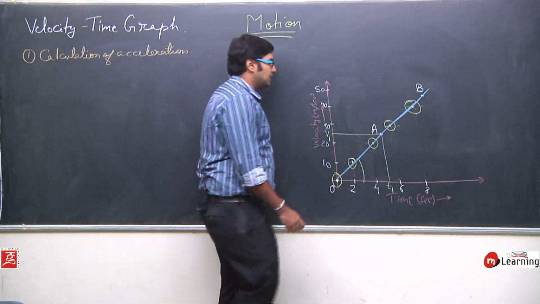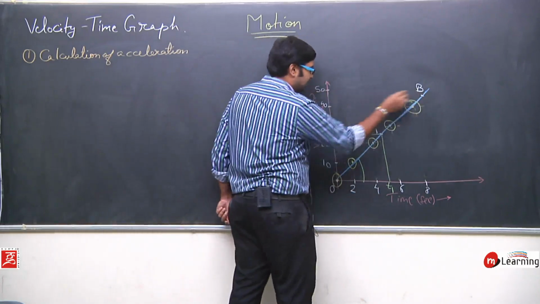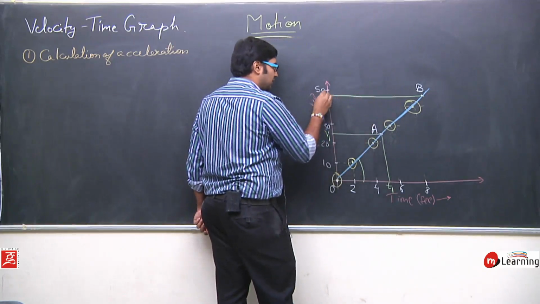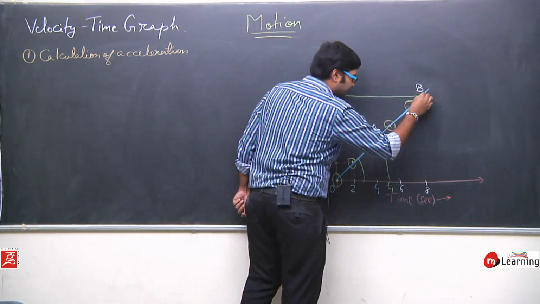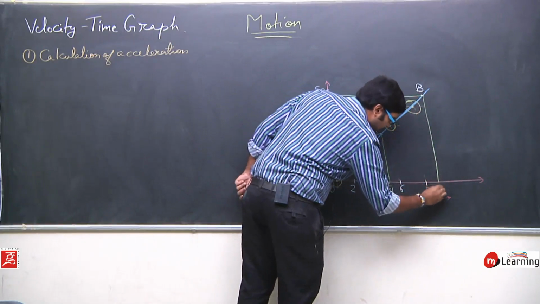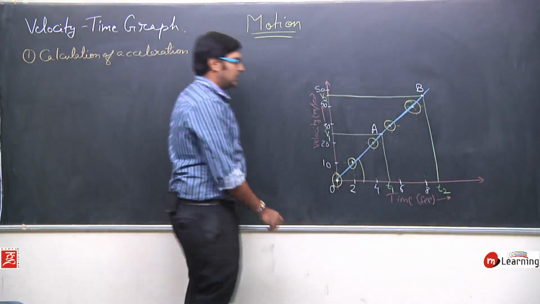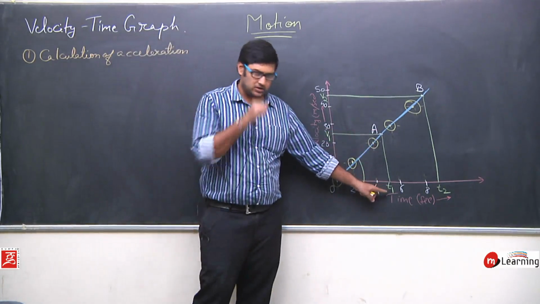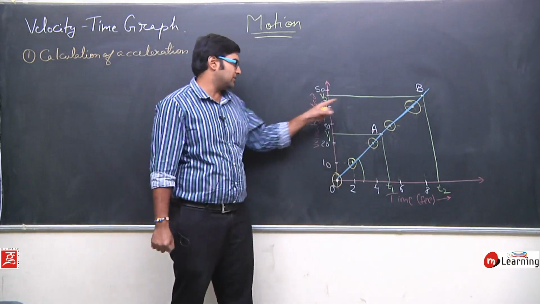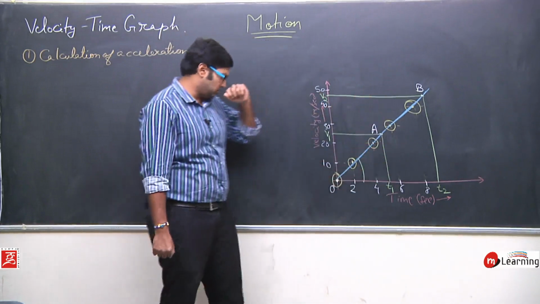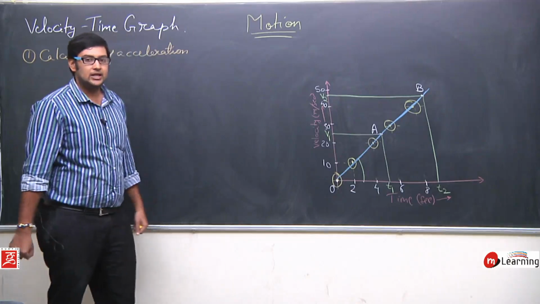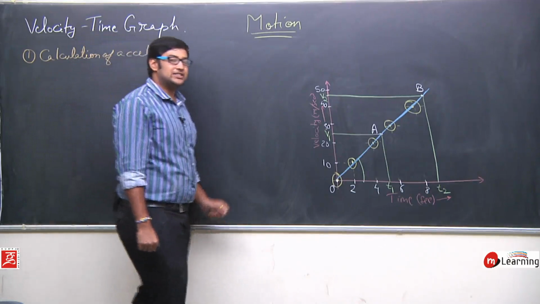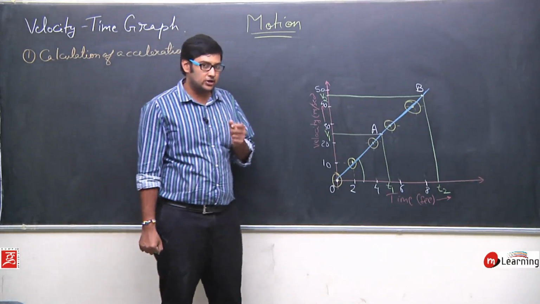Similarly, let's assume this point B represents the velocity V2 at time t2. Okay. So V1 represents the velocity at time t1 and V2 represents the velocity at time t2.